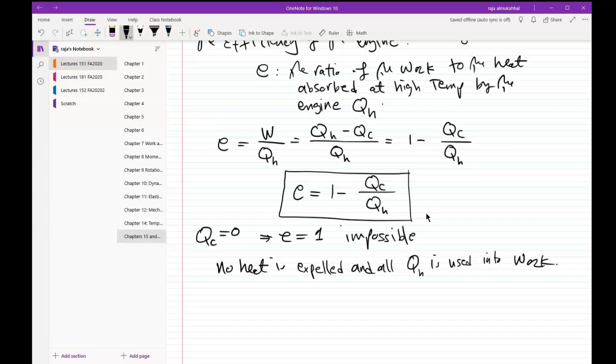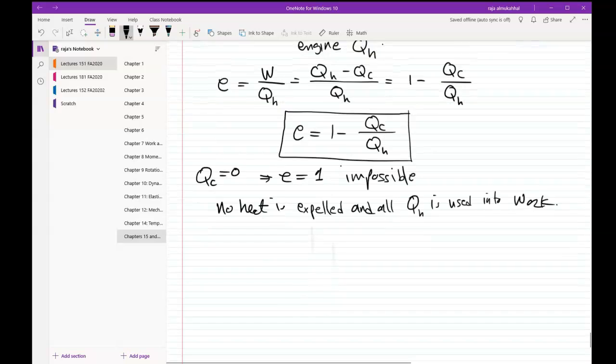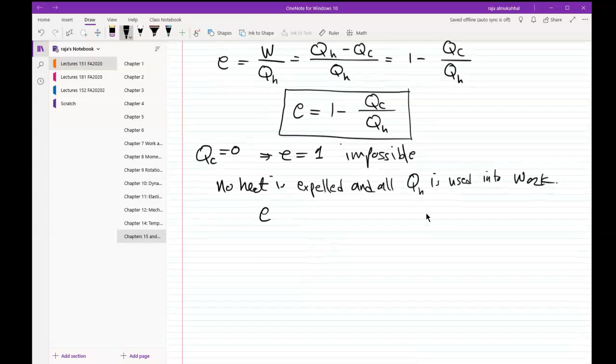In that case, we call that the perfect efficiency. So E equals 1 is an engine that is perfectly efficient.